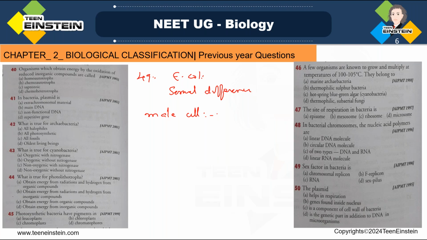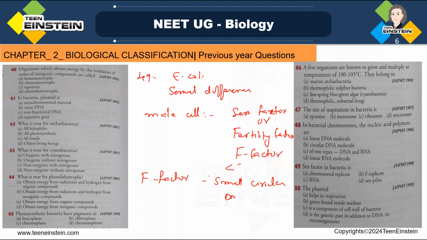Each male cell will be having a sex factor, or we can say a fertility factor. So this fertility factor, in short, we can call the F factor. F factor or fertility factor, right? And this F factor is a small piece of DNA which is in circular form.